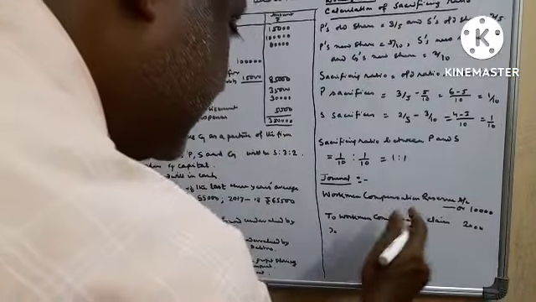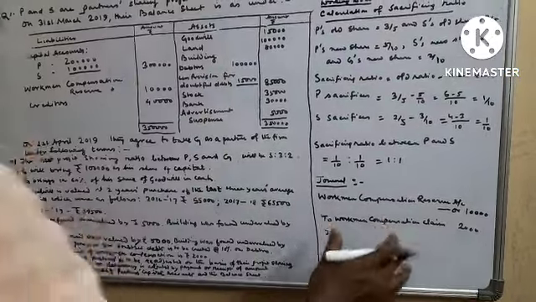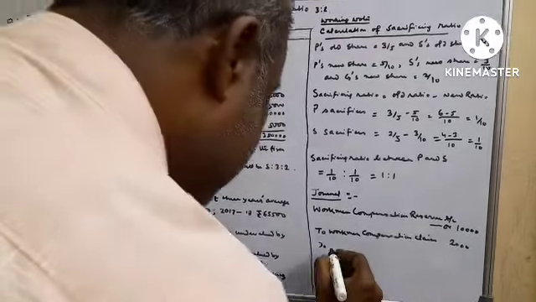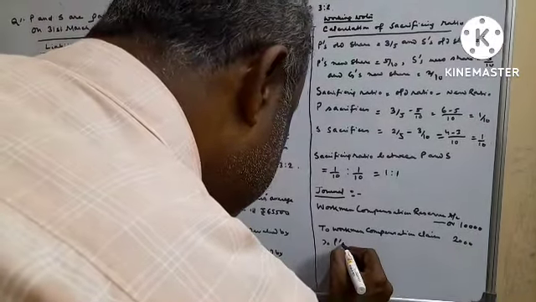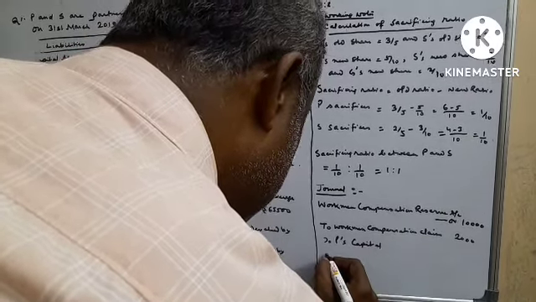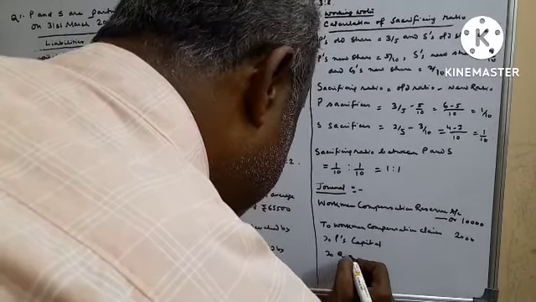Remaining workman compensation reserve 8,000 will be distributed among the old partners in what ratio? Old ratio. To P's capital, to S's capital.